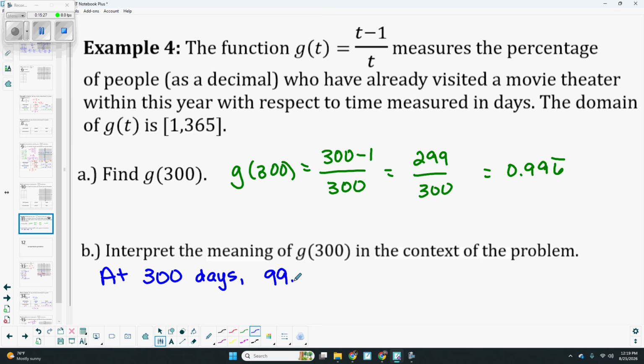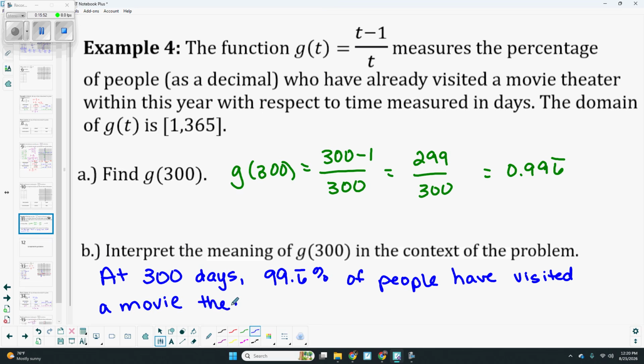So we could say 99.6 repeating percent of people have visited a movie theater within this year. And that would be the end of graphing rational functions.